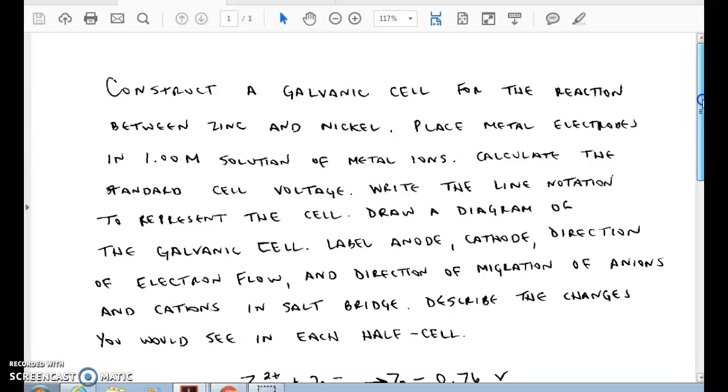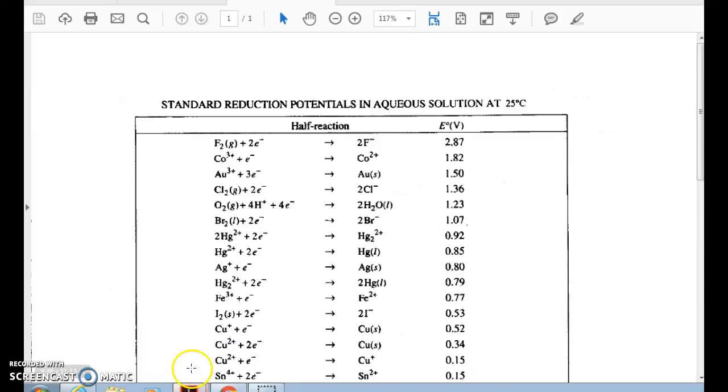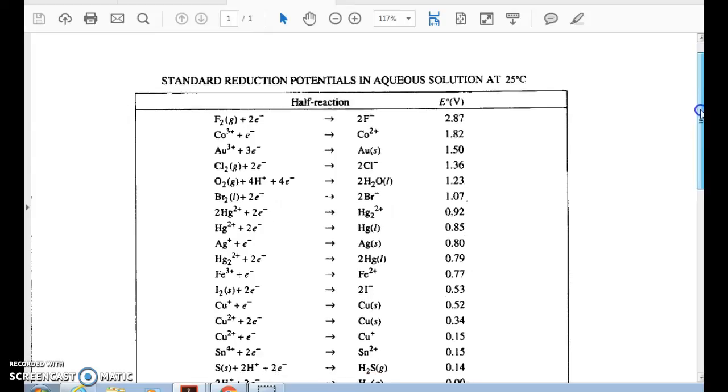So before I begin, I know I'm going to want the metal ions with the metal electrodes, and I need to know those half reactions that will occur. So I use a table of standard reduction potentials to find those half reactions.